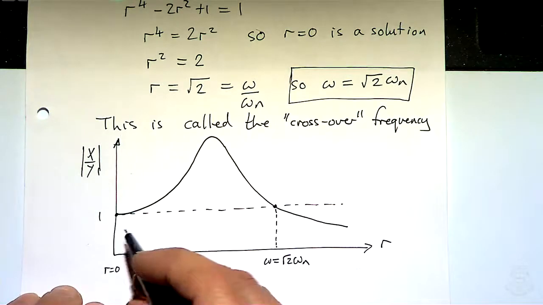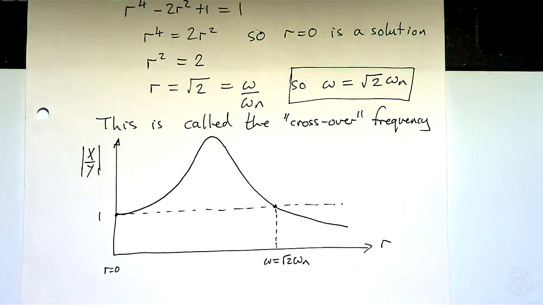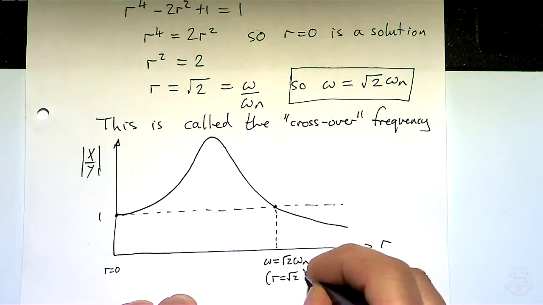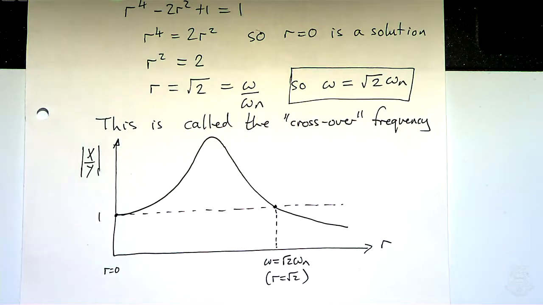These are the two solutions for the transmissibility being equal to 1: r equals 0 on the left hand side, and then r equals root 2. So this is r equals square root of 2 here, isn't it? Or omega equals root 2 omega n.